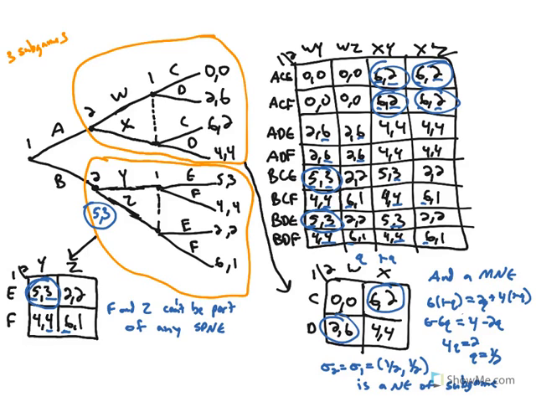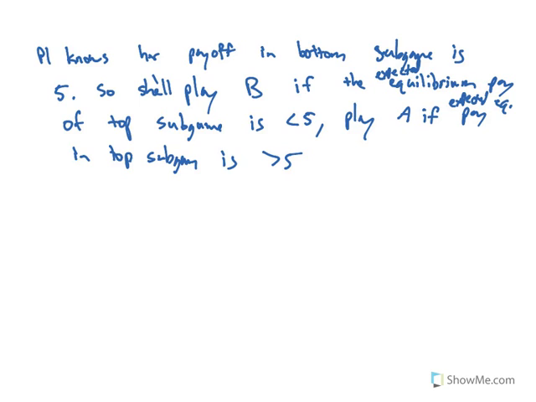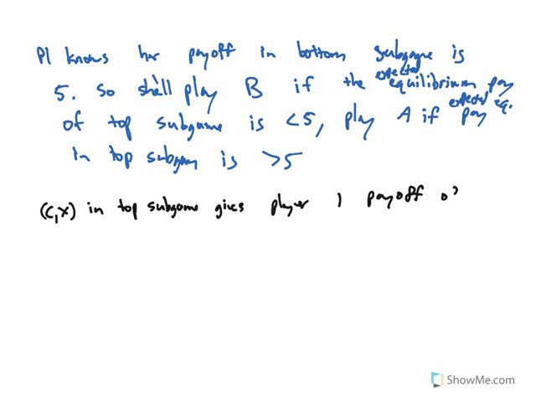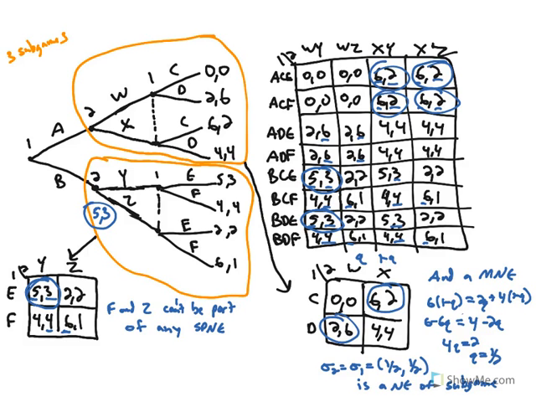Okay? So, for example, CX in the top subgame gives player one a payoff of 6, which is greater than 5. And so now we can put together a subgame perfect Nash equilibrium.